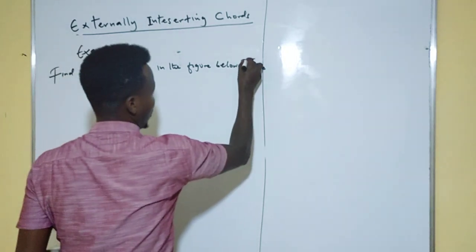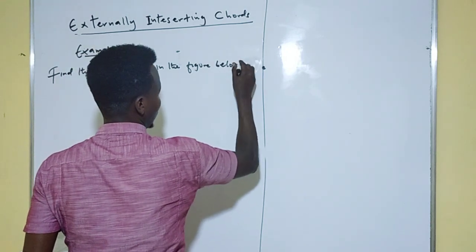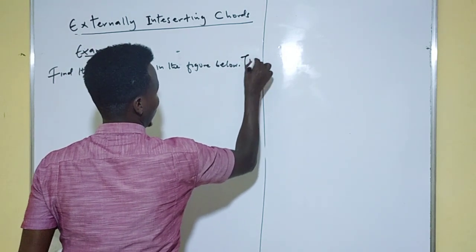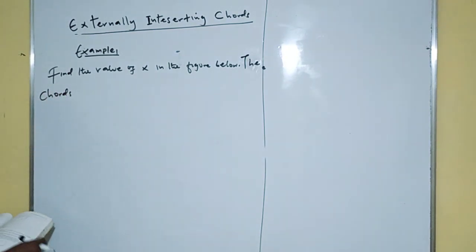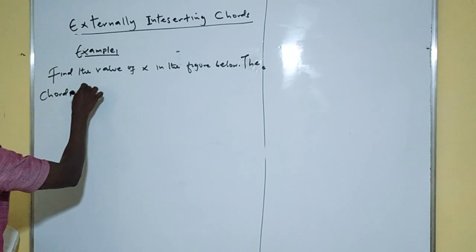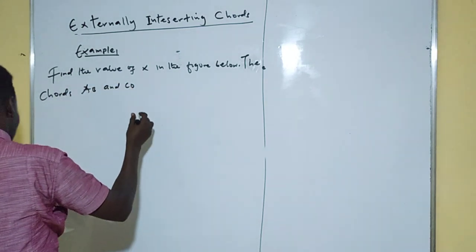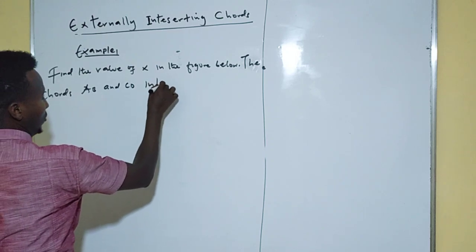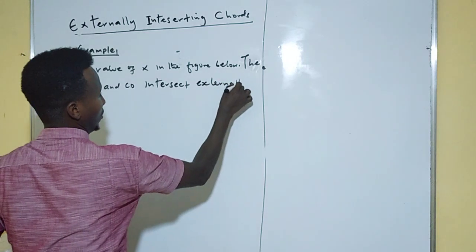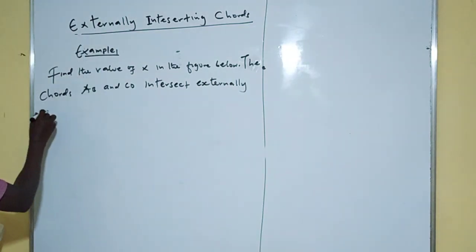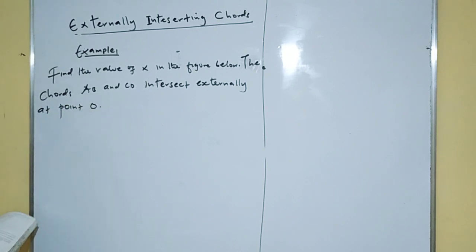The chords AB and CD intersect externally at point O, full stop.